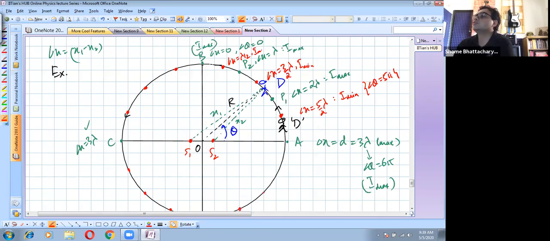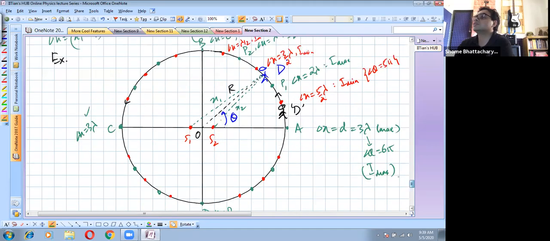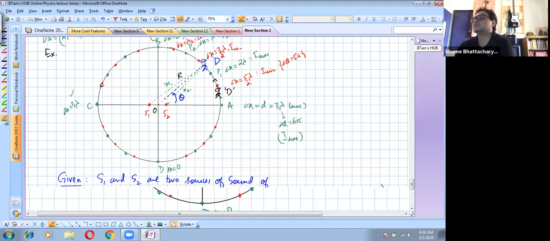So a total of 12 positions where you get minimum, and again a total of 12 positions where you get maximum. It's symmetrical. Maximum here, maximum somewhere here, obviously maximum here, then somewhere here, below, and again somewhere here. So we get 12 positions of constructive interference and 12 positions of destructive interference.